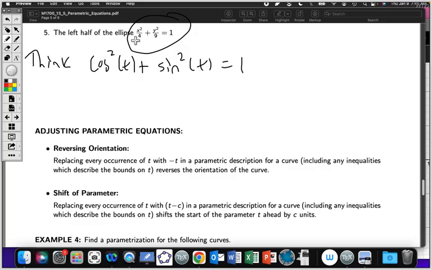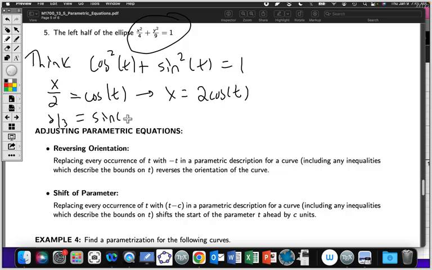What's being squared here in the first term is x over 2. So x over 2 would be cosine of t. So x would be 2 cosine of t. What's being squared here? y over 3. So that would be sine of t. So y would be 3 sine of t.